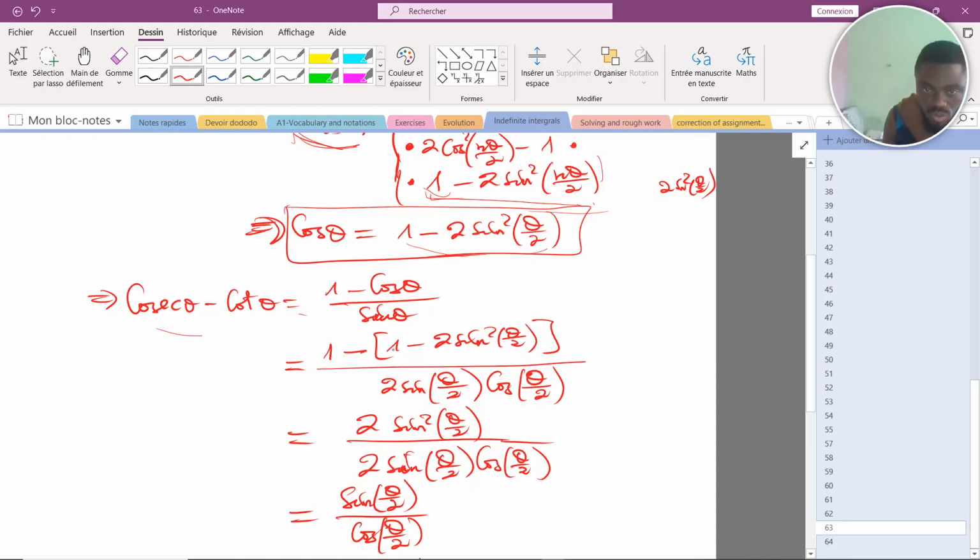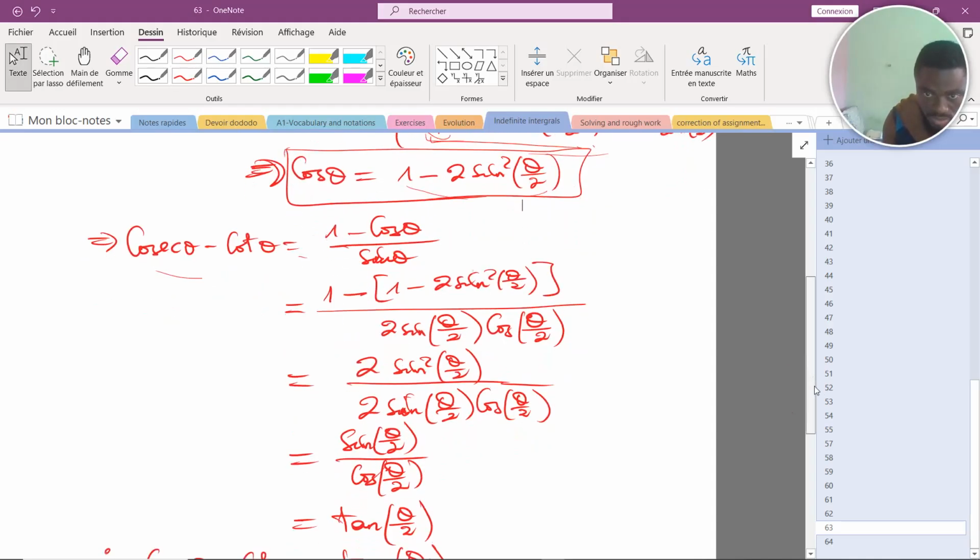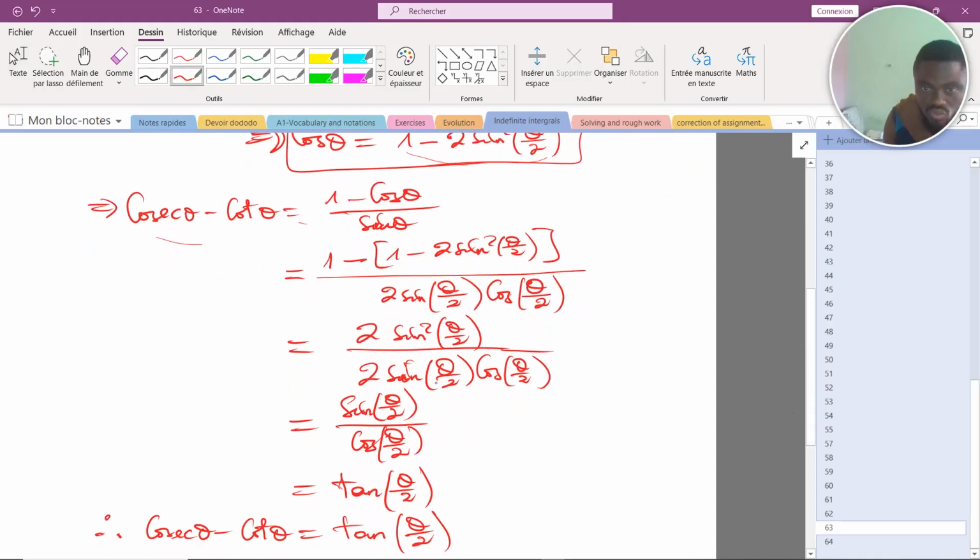So this one will go with this one and we'll be left with 2 sin²(θ/2), all over 2 sin(θ/2) cos(θ/2). Now, sin²(θ/2) is the same thing as what? sin(θ/2) all squared, or sin(θ/2) times sin(θ/2).